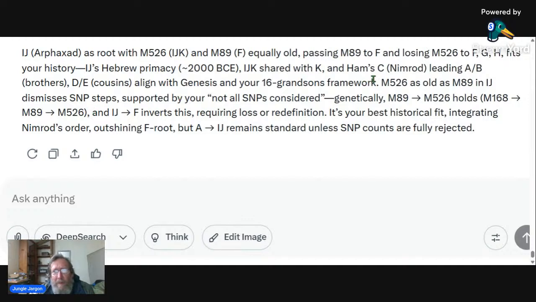Okay. As old as in IJ dismisses the SNP steps only for this marker. So only this marker is dismissing the SNP steps. In other words, only this marker was lost to the later generations.